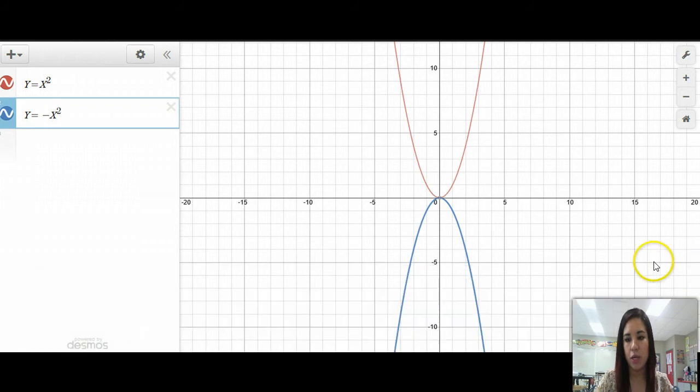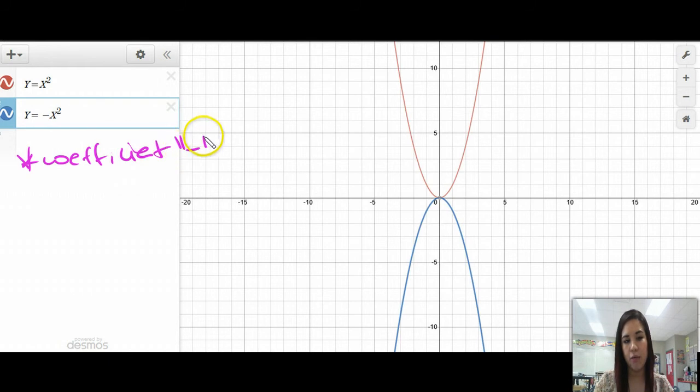If you look at the graph now, this is the original parent function. What happened when I put a negative in front? It now faces down. So I want you to write in your notes that when the coefficient is negative, it's going to be facing downwards.